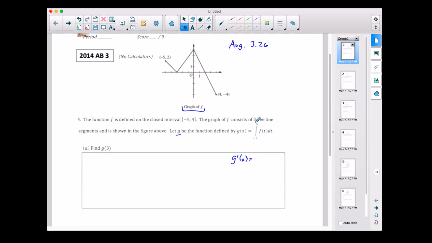And by the second fundamental theorem, when we're differentiating a definite integral, we can just substitute that variable in, and it becomes f of x.